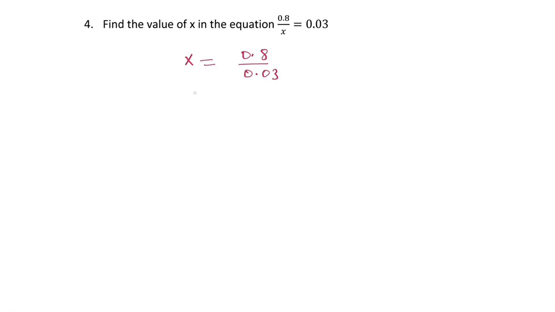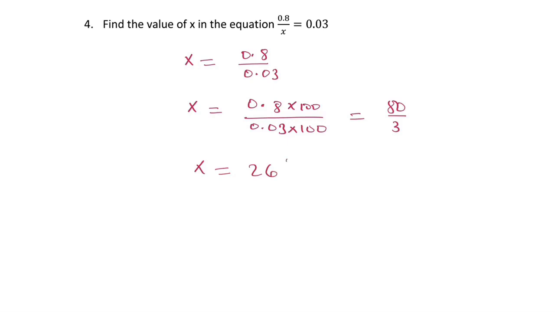Then our equation is going to be x equals 0.8 times 100 over 0.03 times 100. This becomes 80 over 3. Simplifying this, we are having x equals 26 2 over 3. And this is going to be our answer.